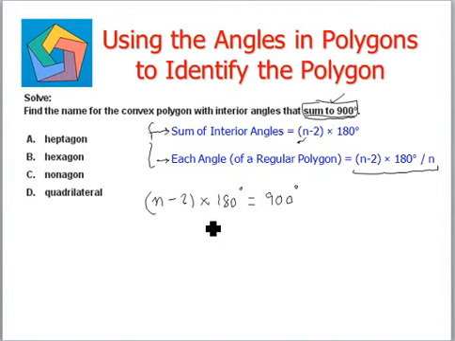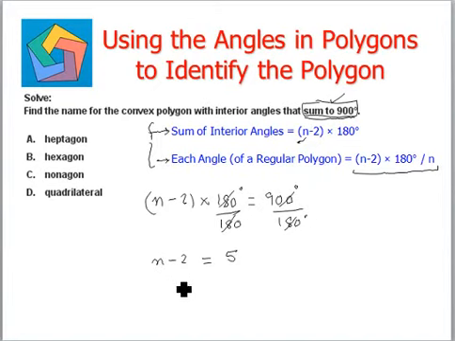So we divide by 180 on both sides. We have to find out the value of n. For that we start off with this. So n minus 2 equals 900 divided by 180, which equals 5.